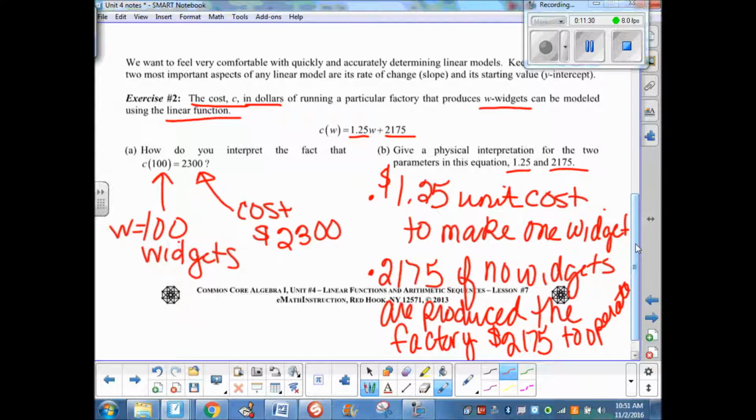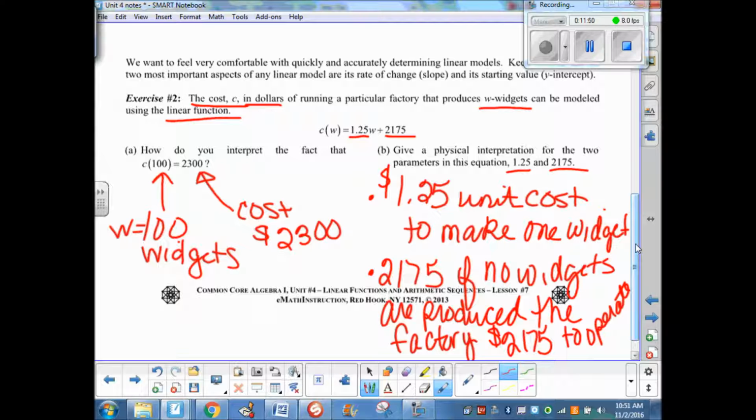So it's the factory's cost to even be running, to be open, to have people in there working. They're not producing any product, but it's still costing them $2,175 a day to open the doors to function.